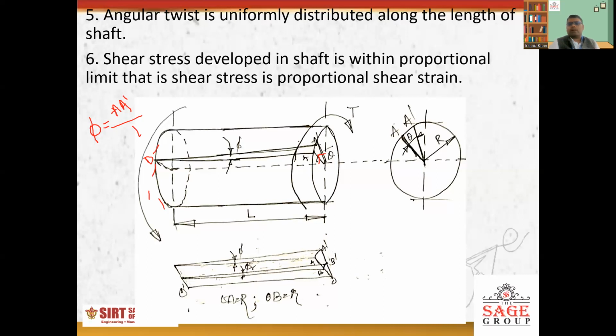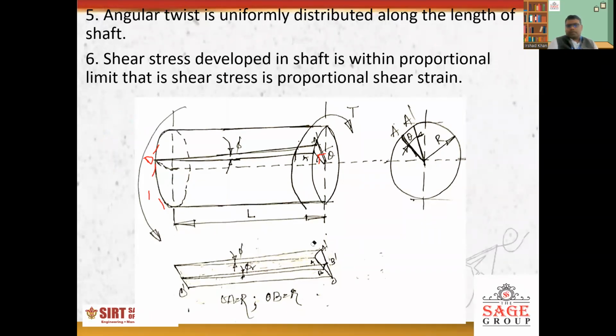So this phi r is the strain on this element OB. Similarly, we can calculate the strain for this element. So we can conclude that the shear strain is proportional to the distance from the center of the shaft. Hope you understood the assumptions I explained before, with this example.